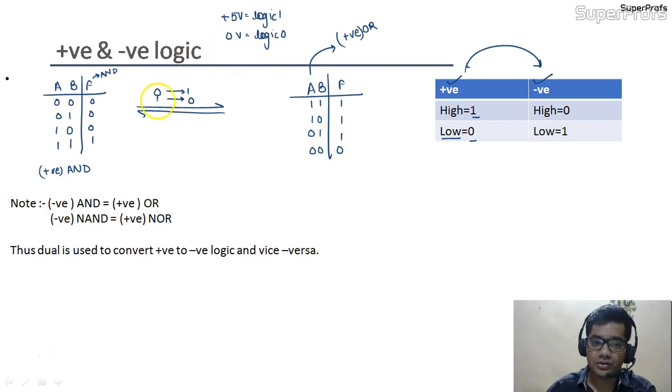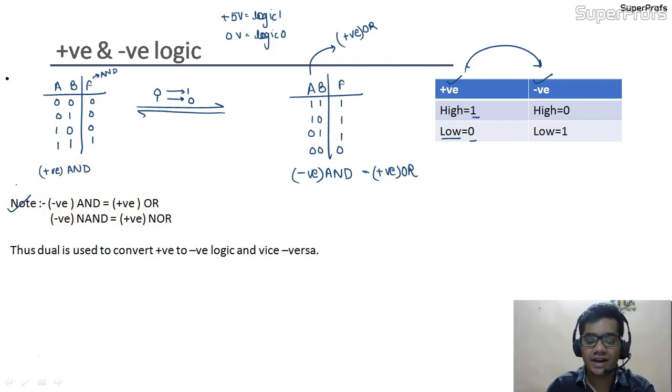But because we interchanged the positive logic into negative logic, this expression is also the negative logic of the AND operation, which is equal to our positive OR. So we have proved, students, that a negative AND is equal to a positive OR.